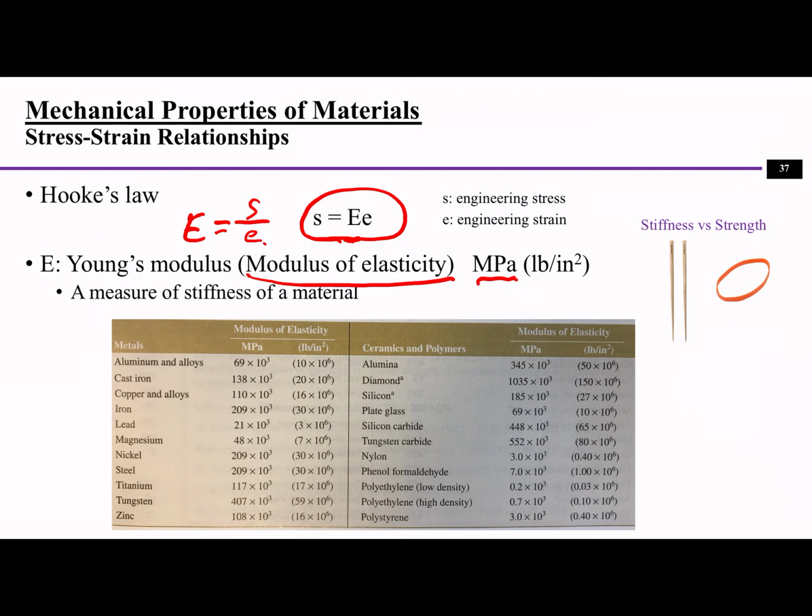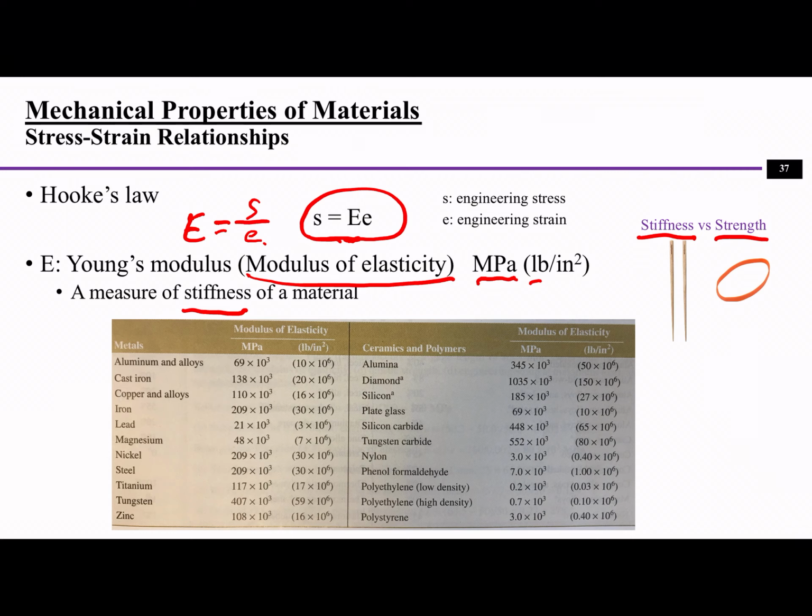It's the same equation. And the unit will be MPa, or pounds per square inch.